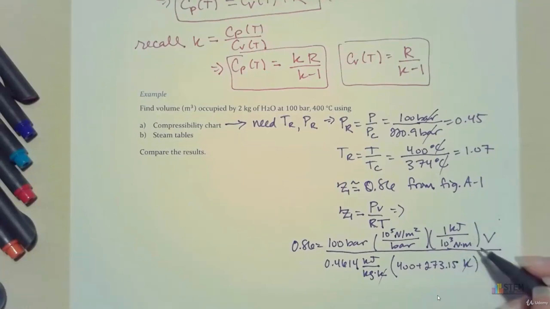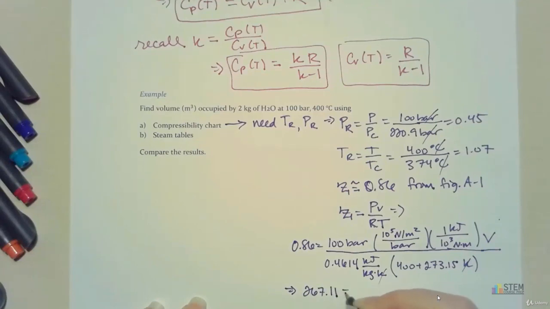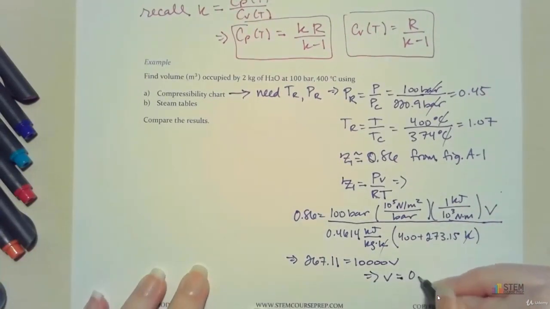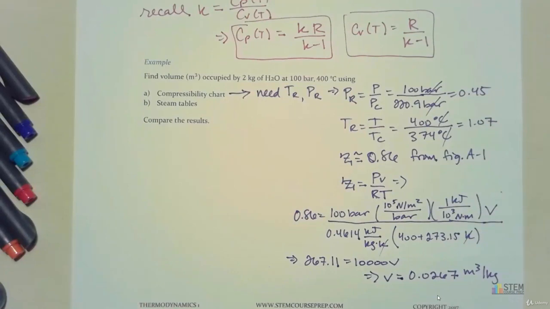Now if you do the math here, you'll get 267.11 equals 10,000 V. So from this you can find your specific volume, which is 0.0267. That's cubic meters per kilogram.